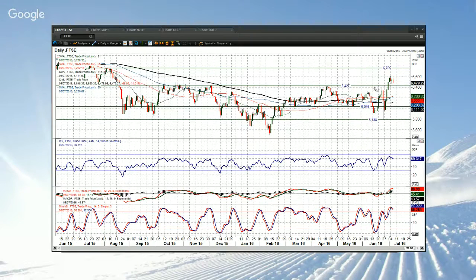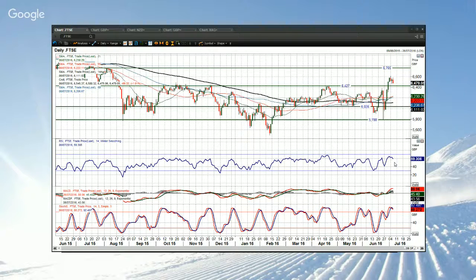So breakout above 6427, that is obviously a key basis of support now on this correction. Downside move today, 65 ticks down. 1% down on the day, but 64.27 key breakout support.